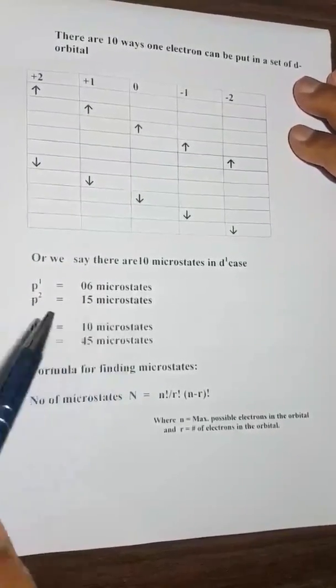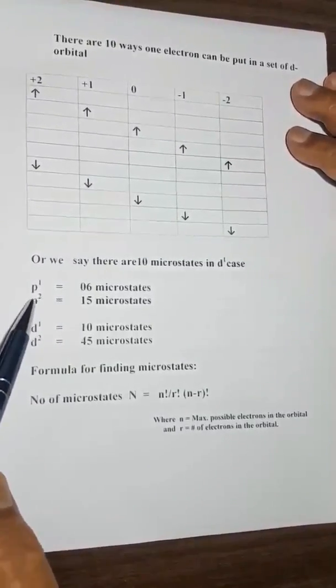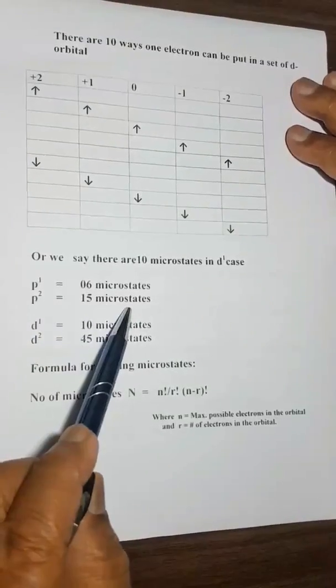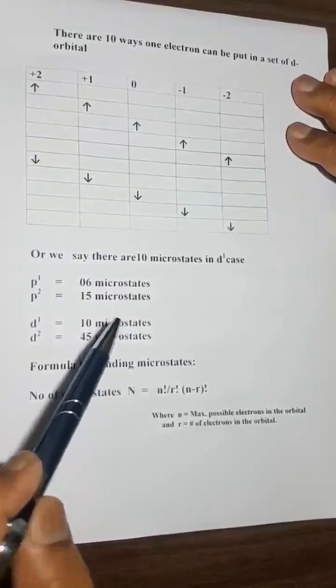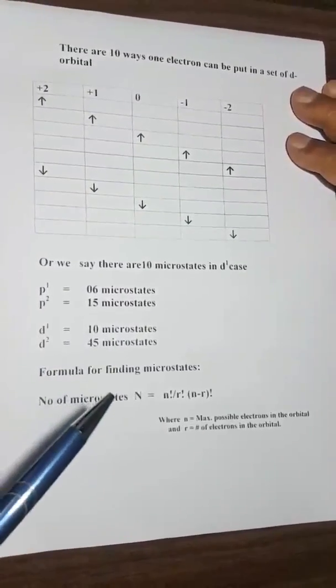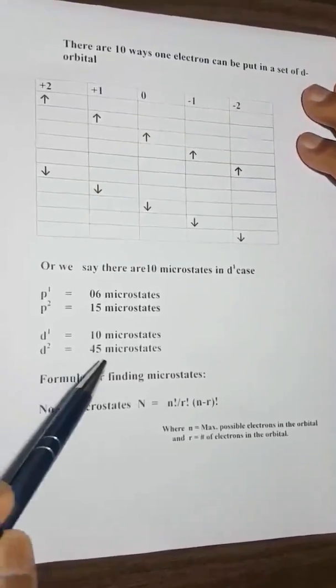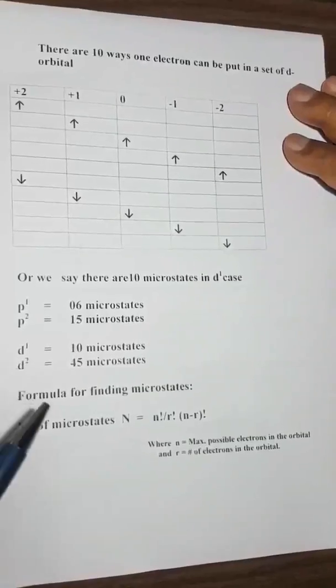In the same way, we can find out how many microstates there are in p2, and it is 15 microstates. In a minute, I will explain the method of how we find it out. Similarly, there are 45 microstates in the d2 system.